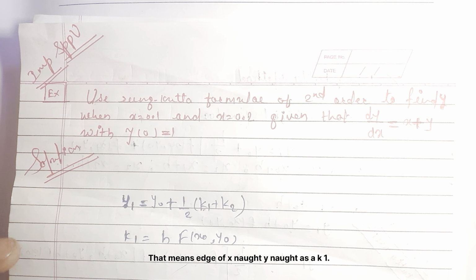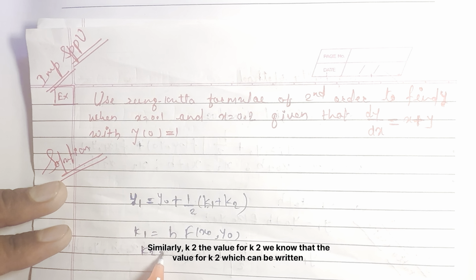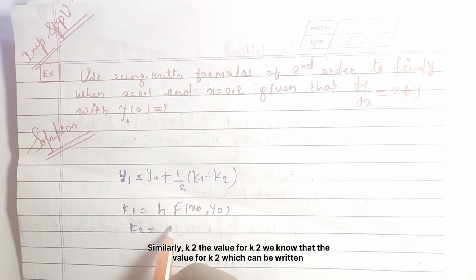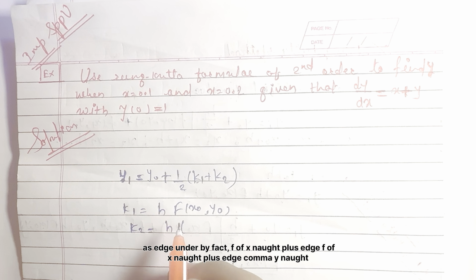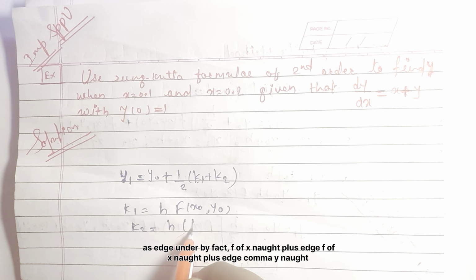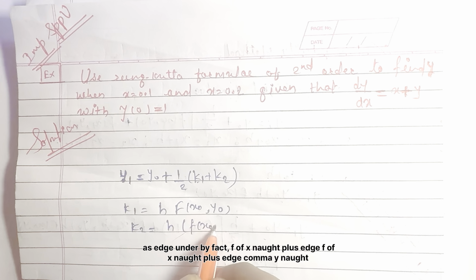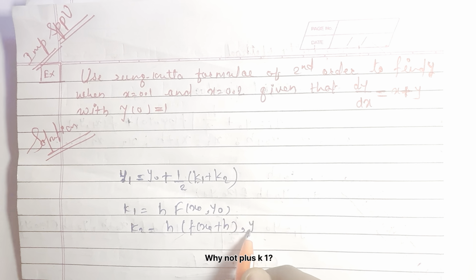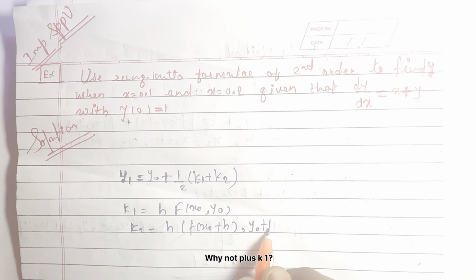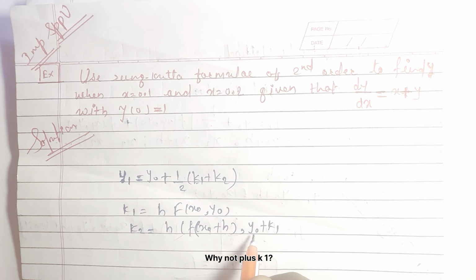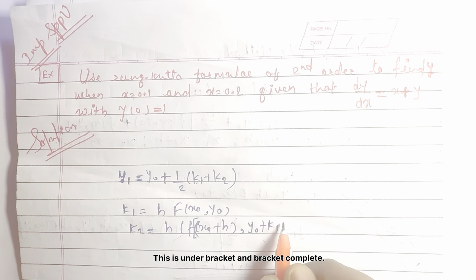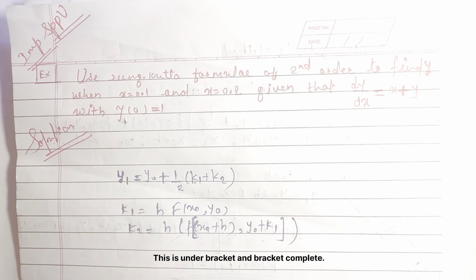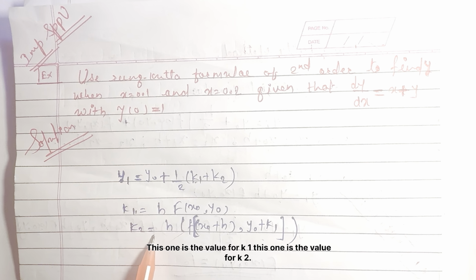Similarly, the value for k2 can be written as h f(x naught + h, y naught + k1). This one is the value for k1, and this one is the value for k2.